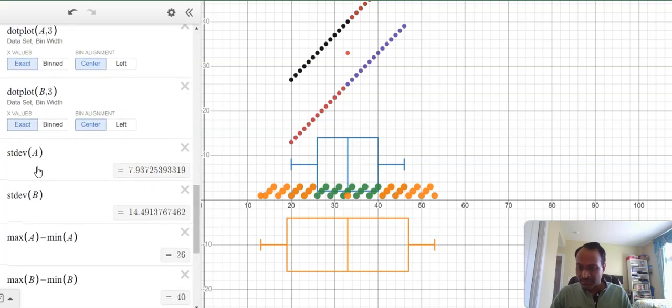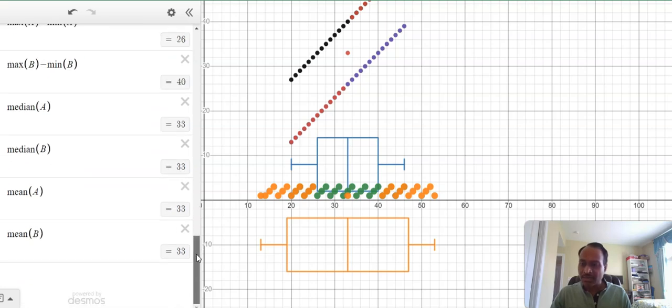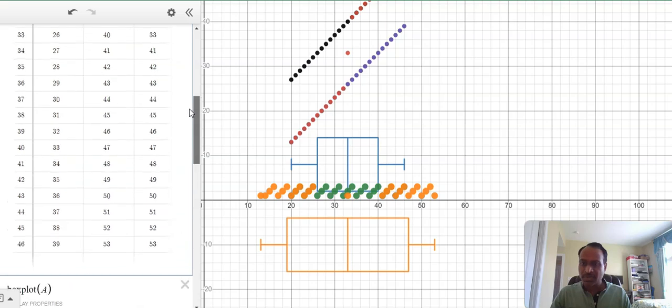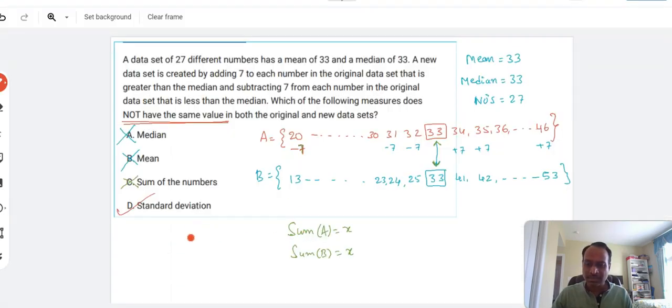The standard deviation for A is this, and B is almost double, it's more. The maximum minus minimum is the range, and range is also increased for B. Even though mean and median are equal, range is more for B, and standard deviation is more for B. Finally, we can see that the only thing changing is the standard deviation. So I hope it is clear.